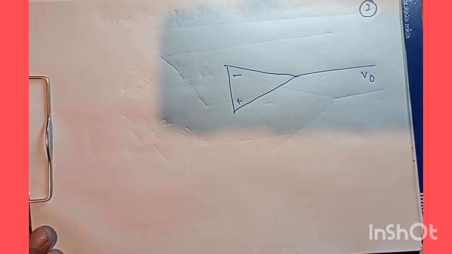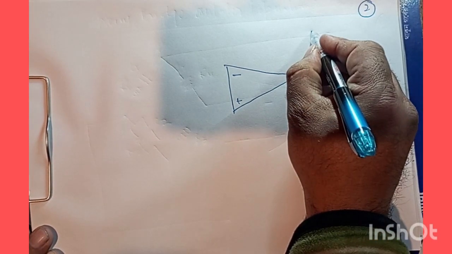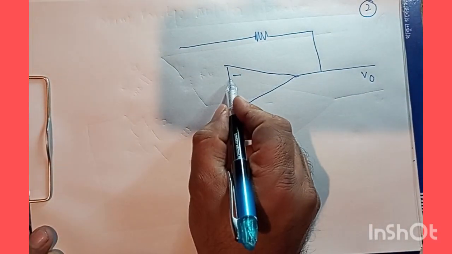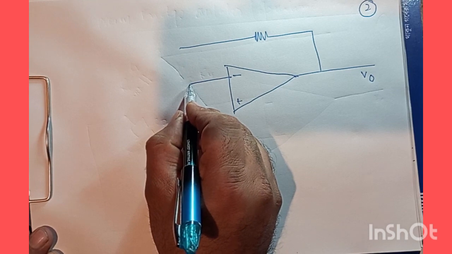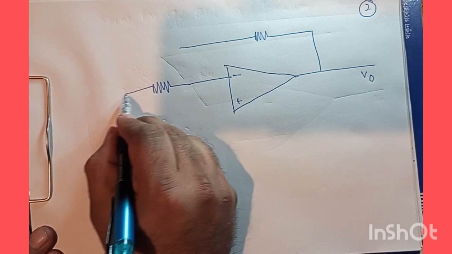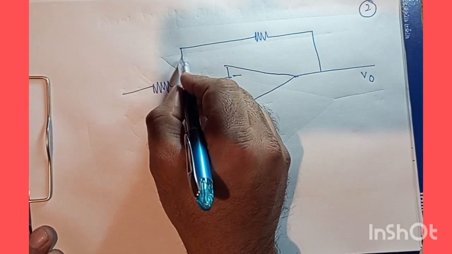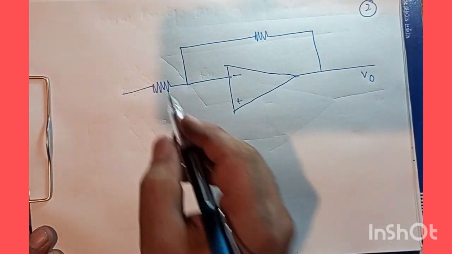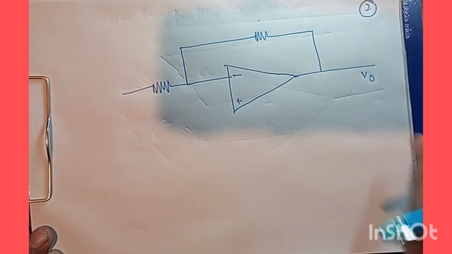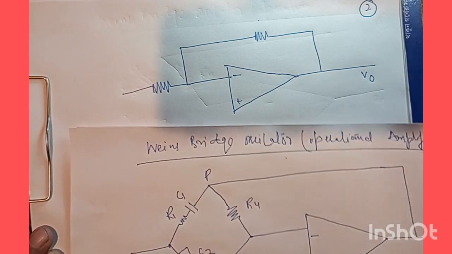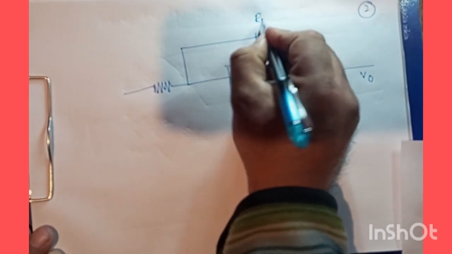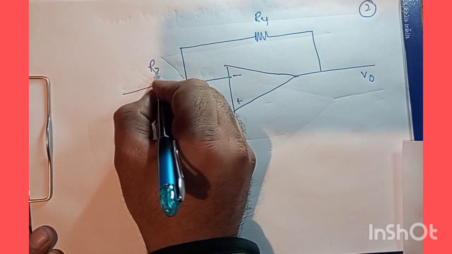Now, if I choose a resistance here as R4, and this is the negative terminal of this operational amplifier, and I connect it like this, this should be my R4, and this should be my R3.